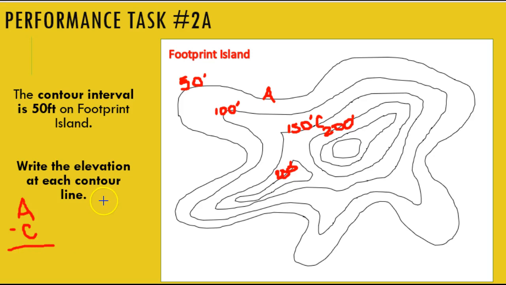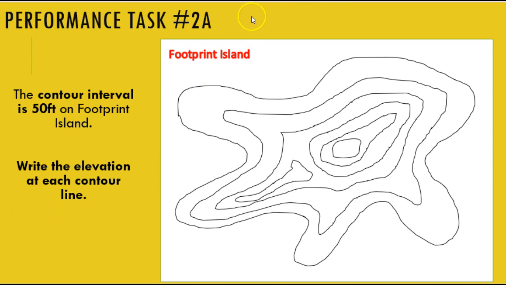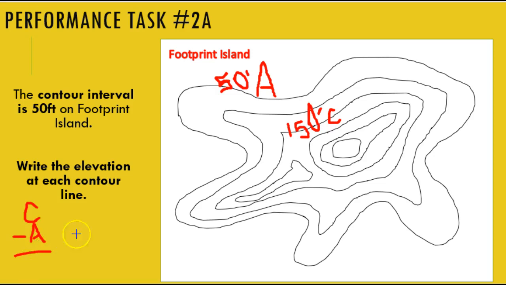And so A is 50, I'm sorry, we would reverse these. So it would be 50 feet, and this was 150 feet, and this is A. And so we would do C minus A, and that would equal our change in elevation.